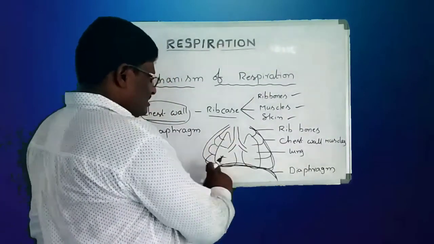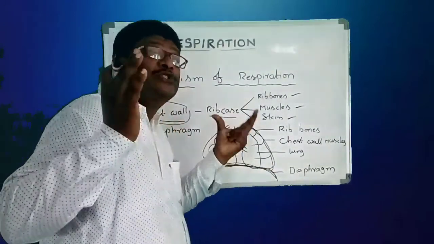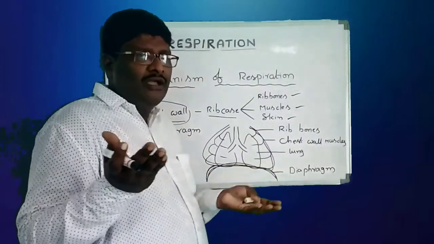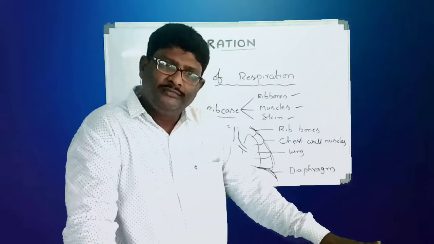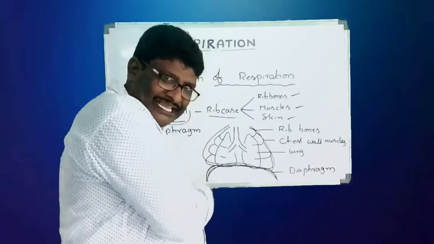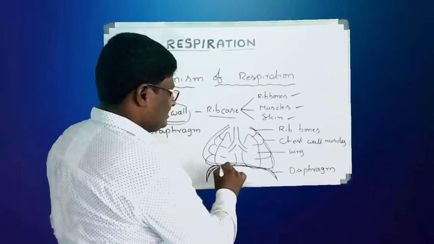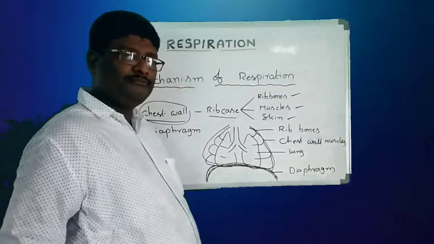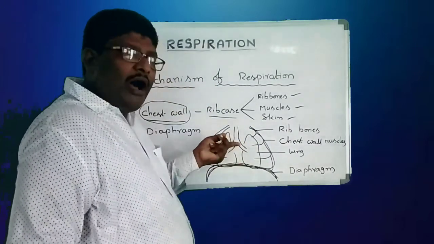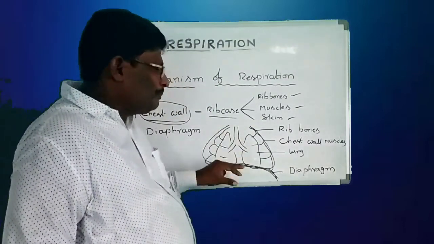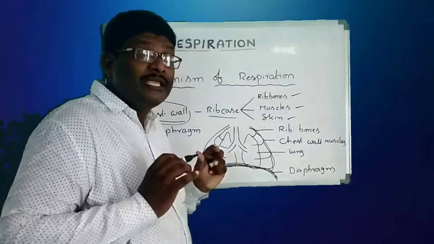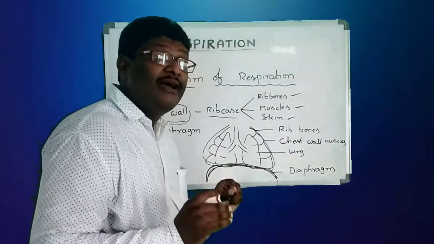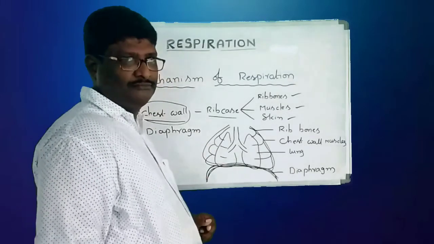This is the chest wall, and it looks like a room. Every room has a floor, right? That floor is here. That is another structure called the diaphragm. So these both parts participate in the process of inhaling and exhaling the air.